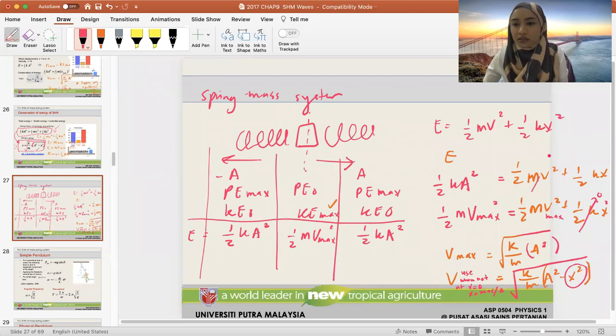When this guy is 0, this guy becomes PE max, 1/2 KA squared. Sama. So this holds for any situation. Sekarang ni nak pakai equation mana satu depending on your soalan. Soalan tu kasih awak amplitude ke, kasih Vmax ke, apa yang dia kasih. So depending on the question, pick your most suitable equation to use. Okay, padam balik.